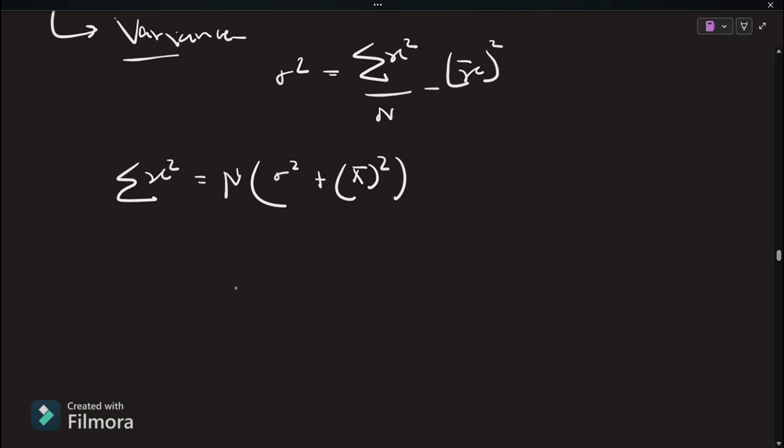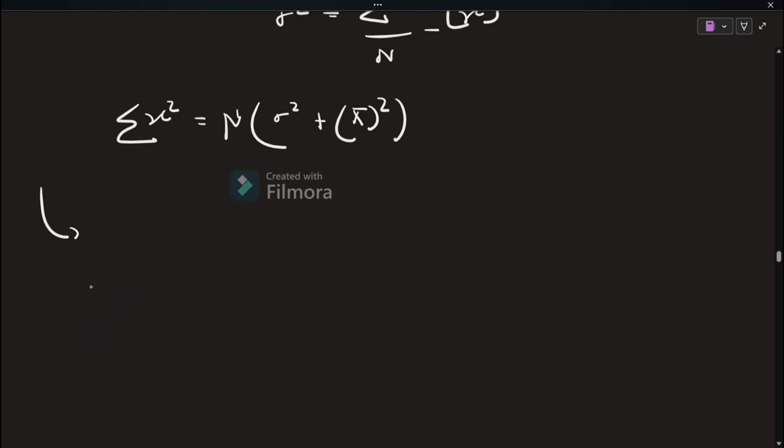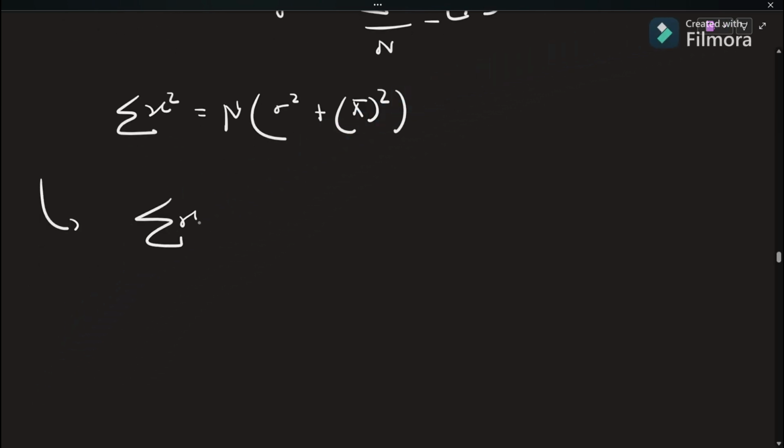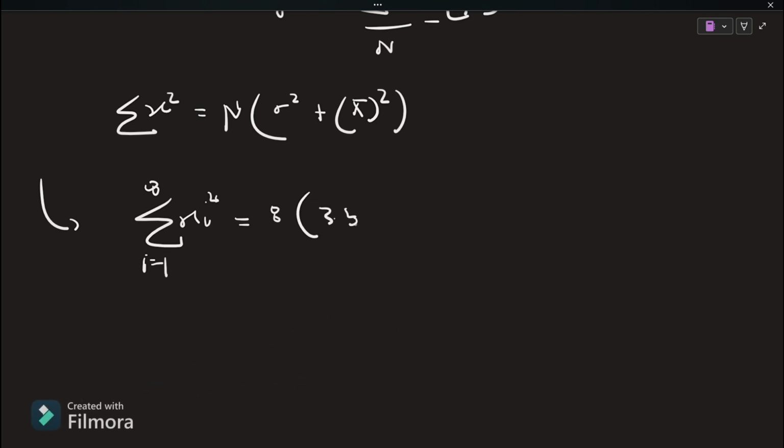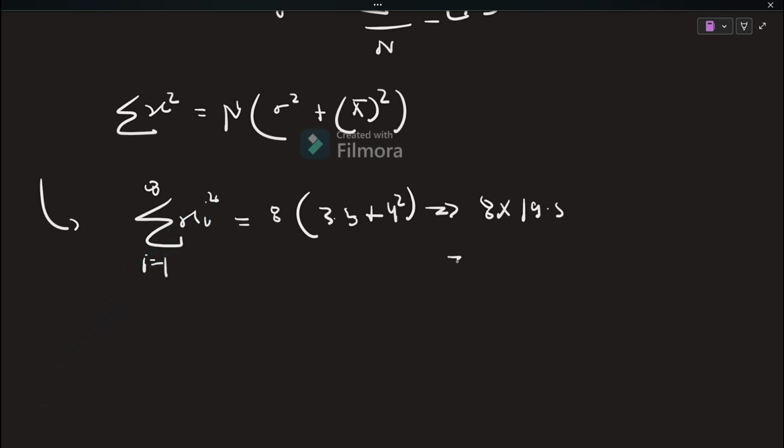First, for the first 8 observations, summation of xi square, i equals 1 to 8, is 8 into 3.5 plus 4 square, which is 8 into 19.5, so we get 156.